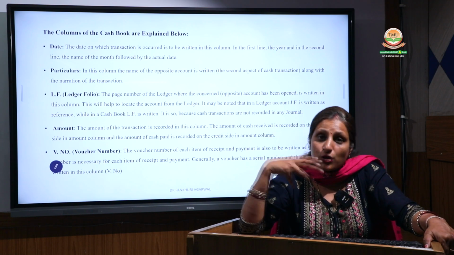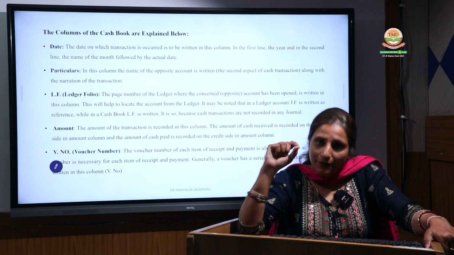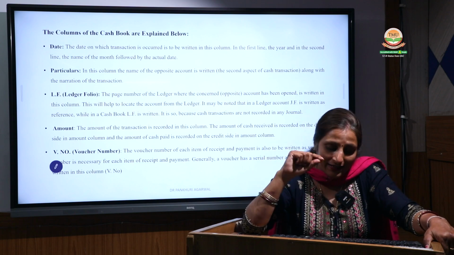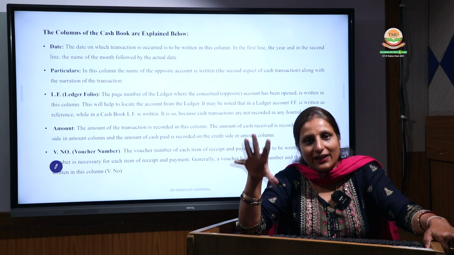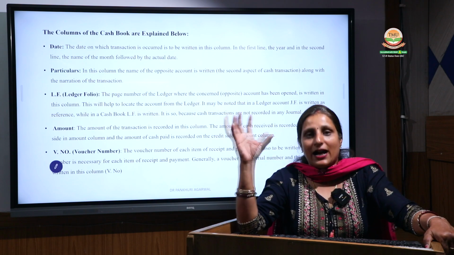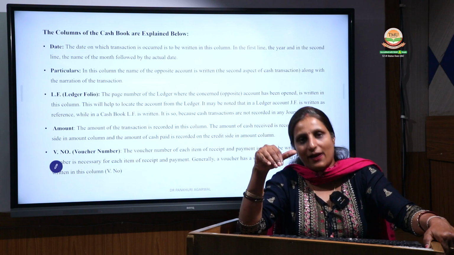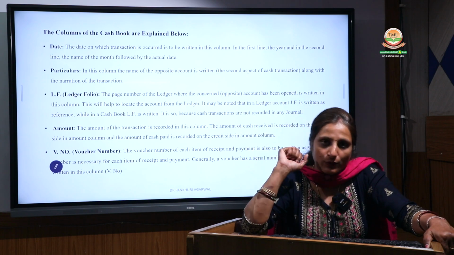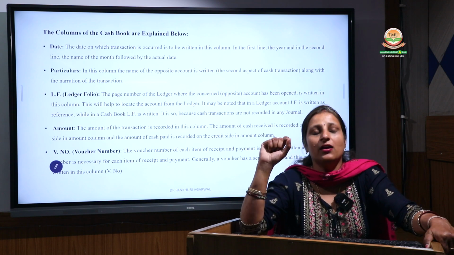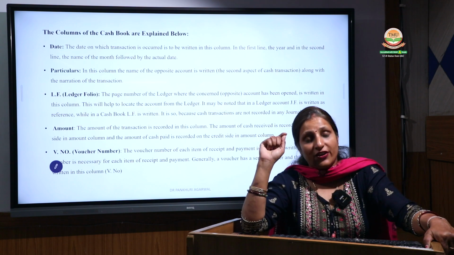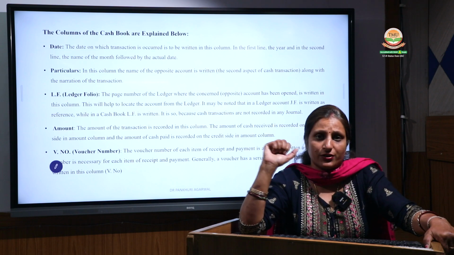So it is easy for the company to know in which ledger book this entry was posted, so that in any future time I can easily find out where I have posted it and how it has been balanced. So the date, the voucher number and the ledger folio number are very important for audit purposes and for verification.